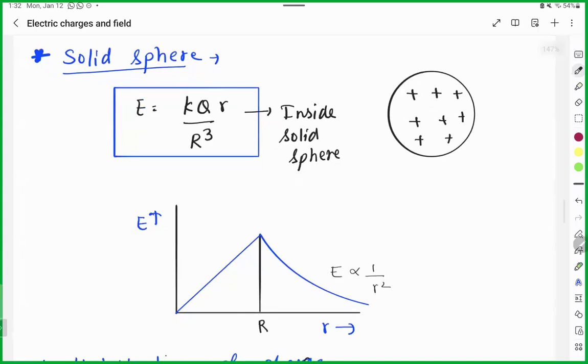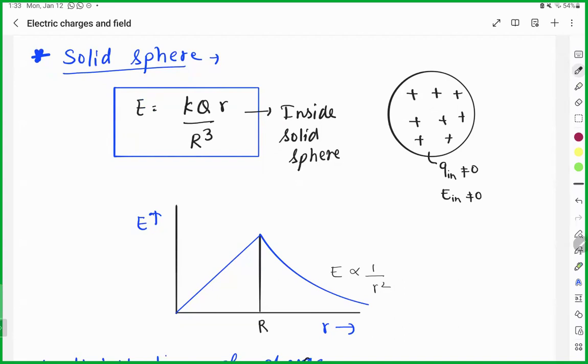If charge is not zero, then electric field cannot be zero. Q inside is not zero, and if Q inside is not zero, electric field inside cannot be zero, because electric field is always because of the charge.